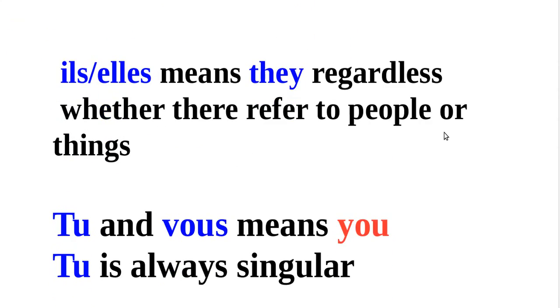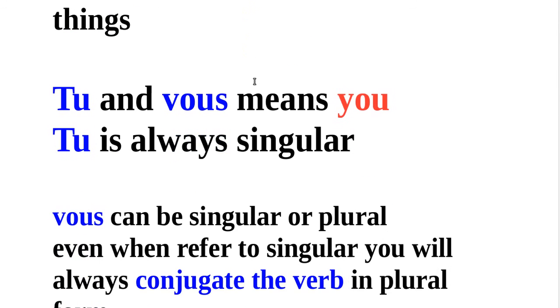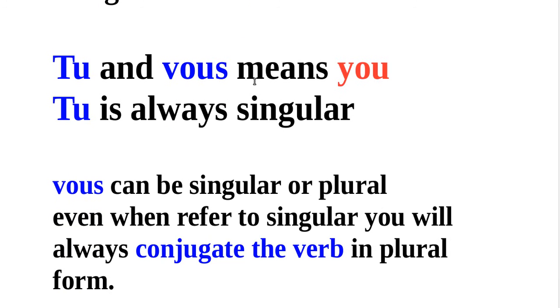The next part is ils ou elles in the plural form, which means they in English, regardless of whether they are referring to people or things. The other example is tu and vous, which means you.